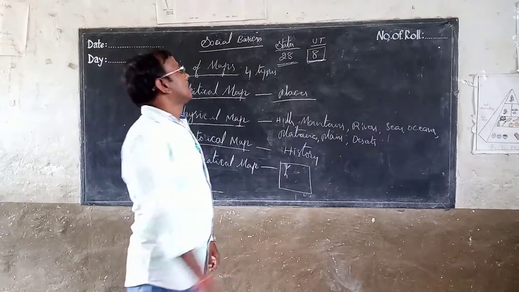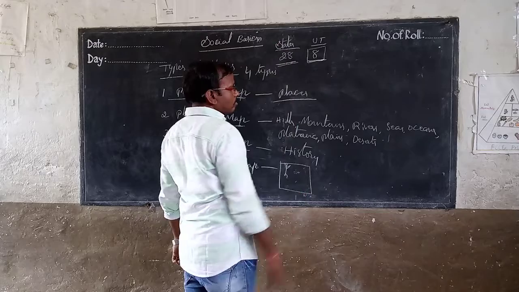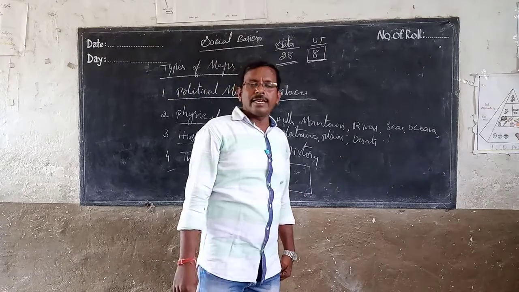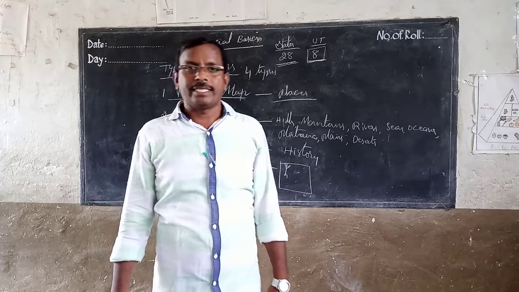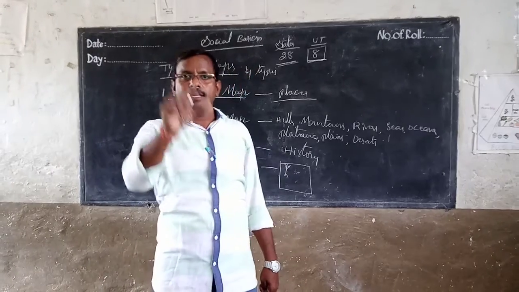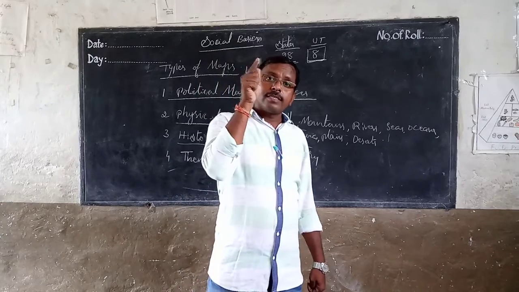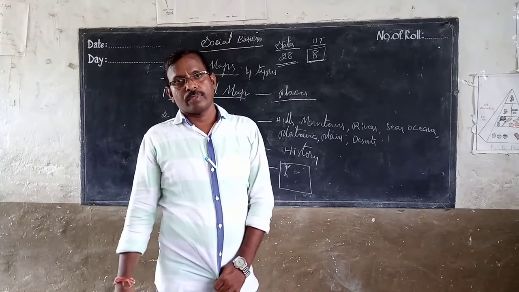Here, the 28 states and their capitals, and the union territories and their capitals, you should write as a note. Actually we had 7 union territories first.